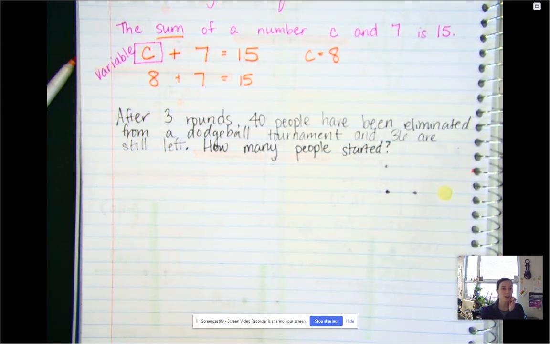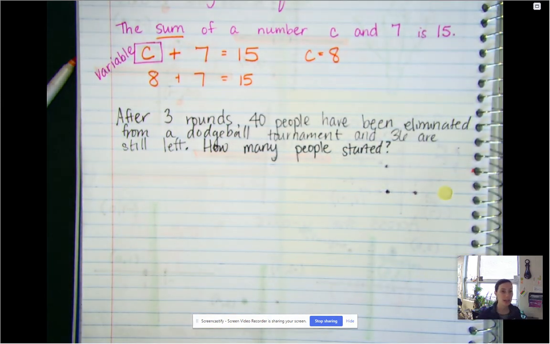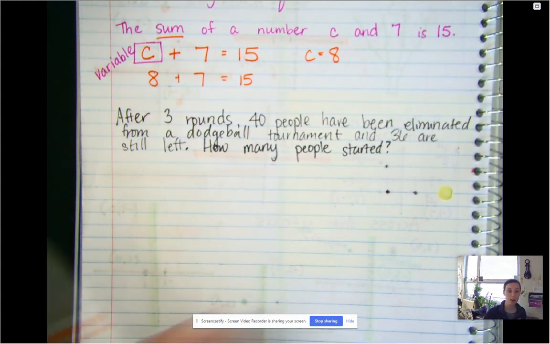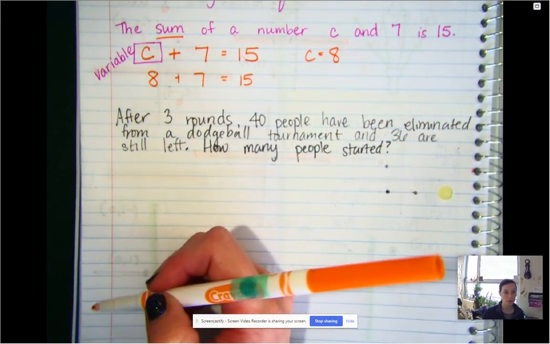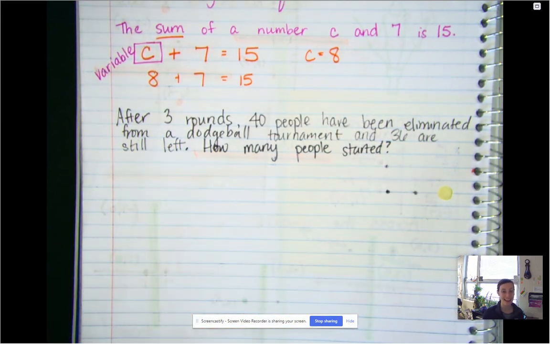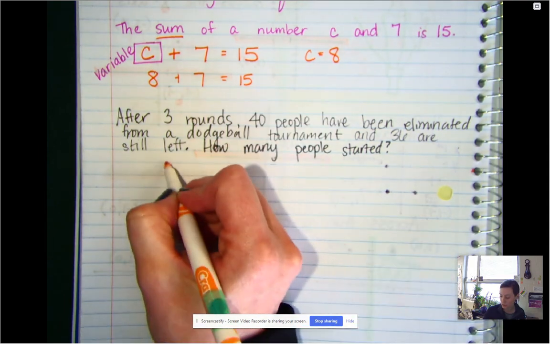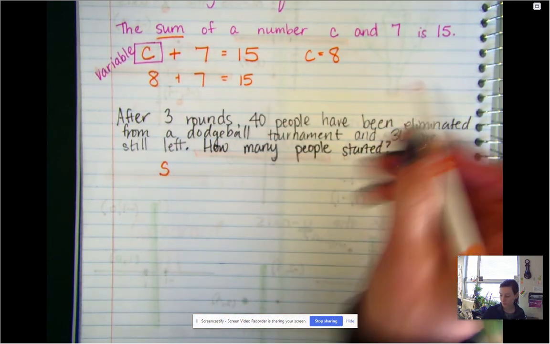Something that you might instinctively do is say, I'm just going to add together the people that are eliminated and the people that are still there and get the total. That is one thing you could do. We are going to try to write an equation where we put in a variable for the number of people who started and then take out the people who are eliminated. So let's do S for started.